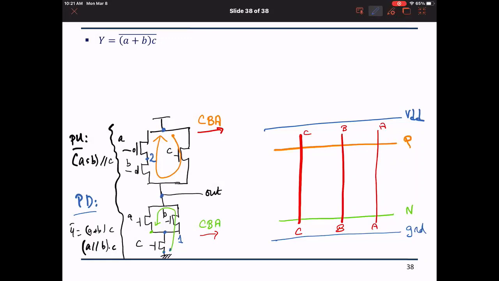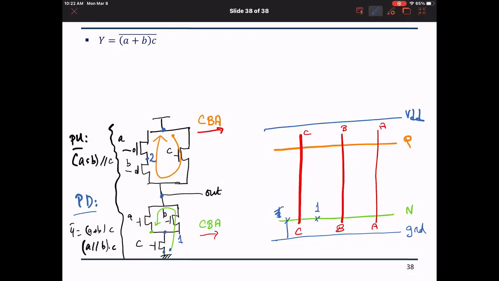Following the arrow, we start from 1. So 1 is C, the source of C connected to ground. Sorry, pardon me. Sorry, C is connected to ground. Pardon, I even got confused explaining to you. So we start from here. C is connected to ground. We visit C. We go through what node? 1. B source.